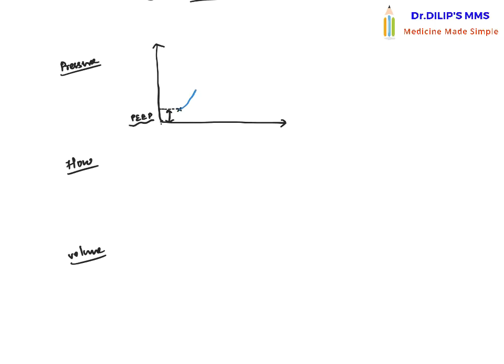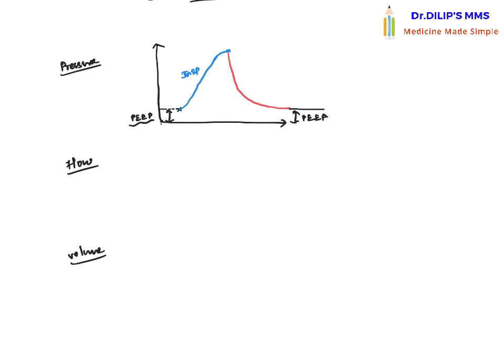Let me draw the inspiration in blue. This is the inspiratory limb of the pressure curve. Let us reach a point, and from here on you are going to trigger an expiration. Let us assume this is the expiratory limb. Once the expiration gets over, for some time there is no respiration happening, so again it maintains in the PEEP range.